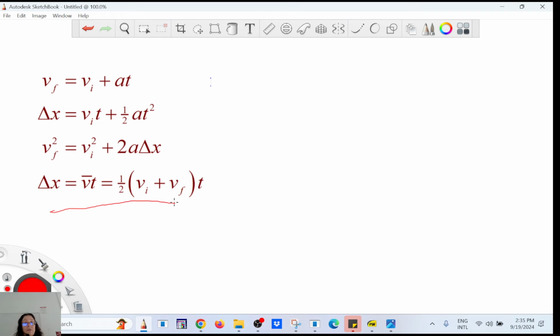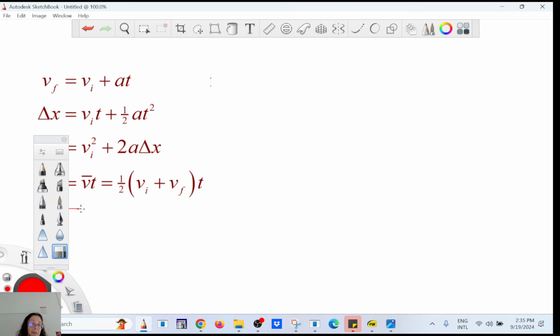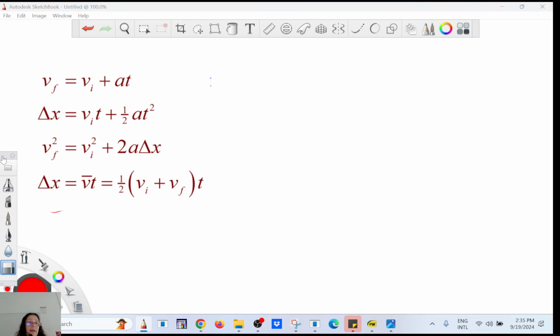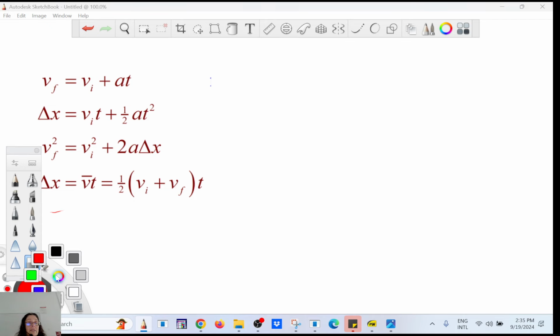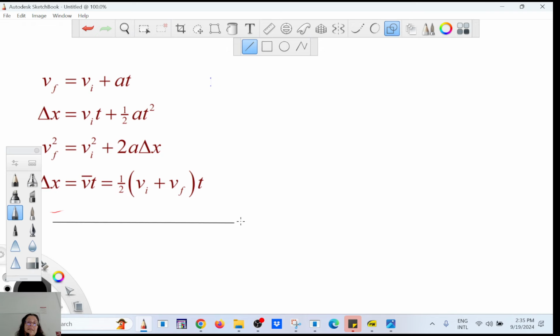This is when you have something moving along what? The x-axis. Very good. So only along the x-axis.